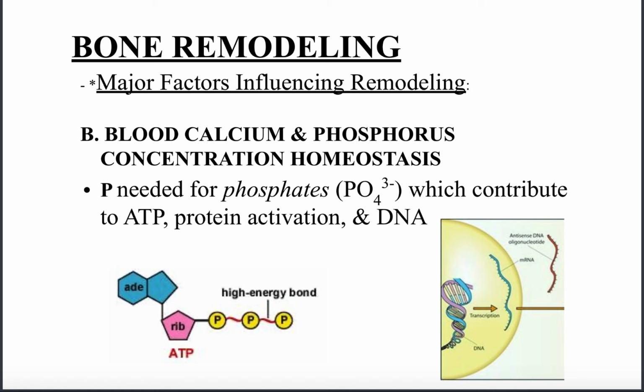It's used to activate proteins and enzymes. It's used in the creation of ATP, the energy molecule your body really needs and burns through a lot of, which has phosphate in it. And finally, phosphate, and thus phosphorus, is really important to the structure of DNA. So without phosphate, your body can't grow, it can't move, it can't really do a lot.